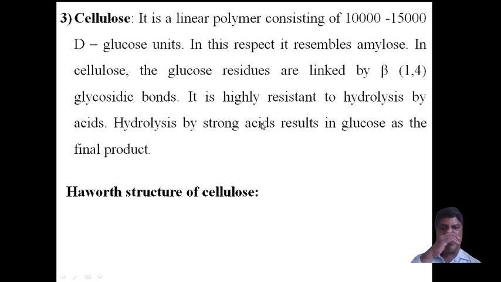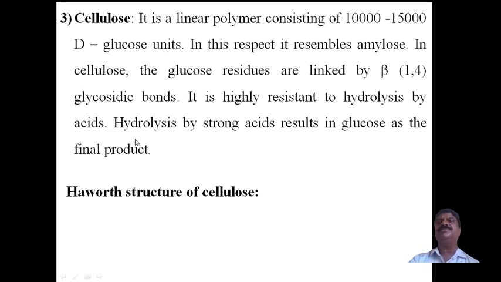Suppose we use dilute acids, the cellulose cannot undergo hydrolysis, but when we add strong acids, it undergoes hydrolysis and produces the monomeric unit, glucose, as the final product. This is about cellulose.